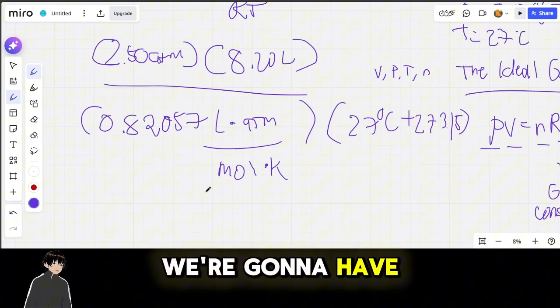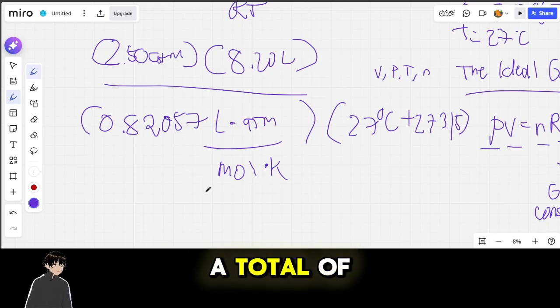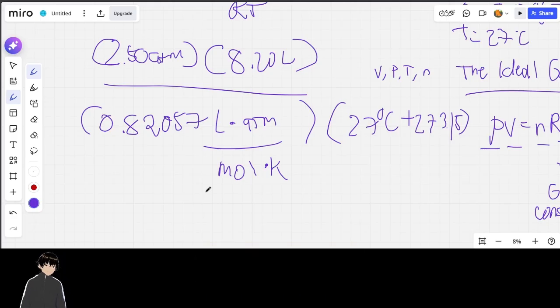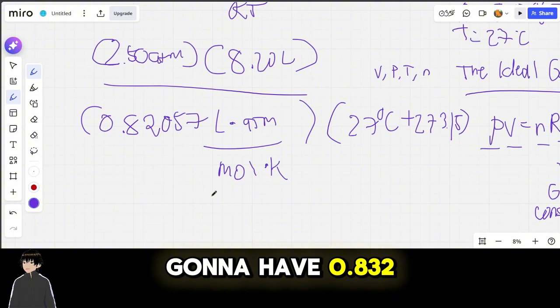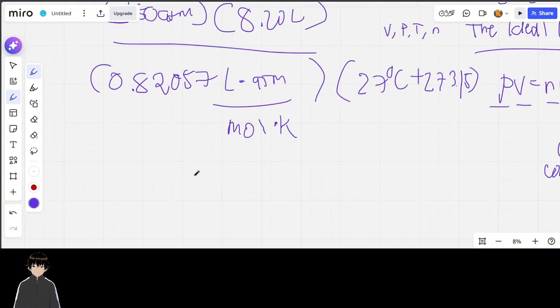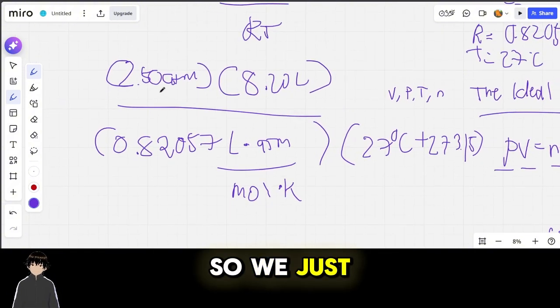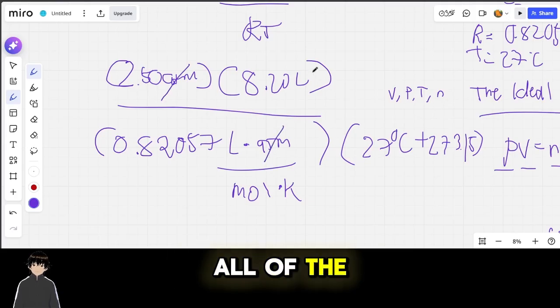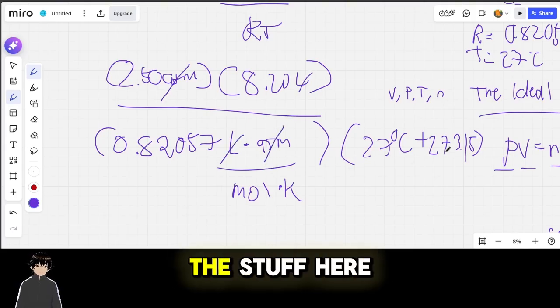And we're going to have 0.832. So we just have to cancel all of the units here.